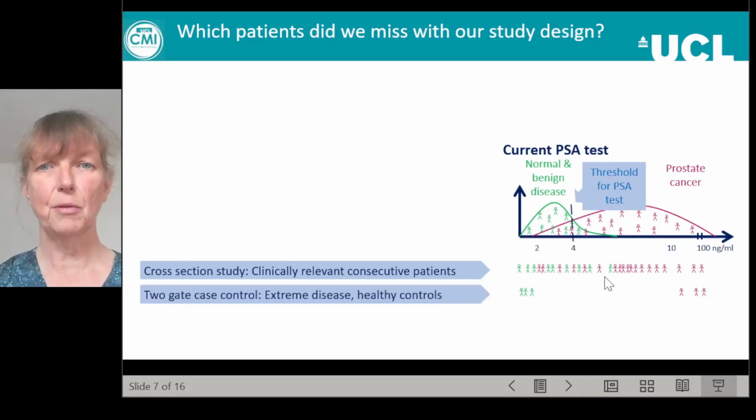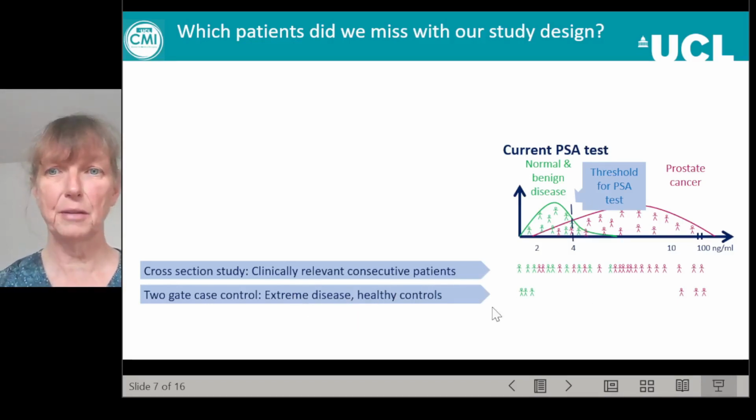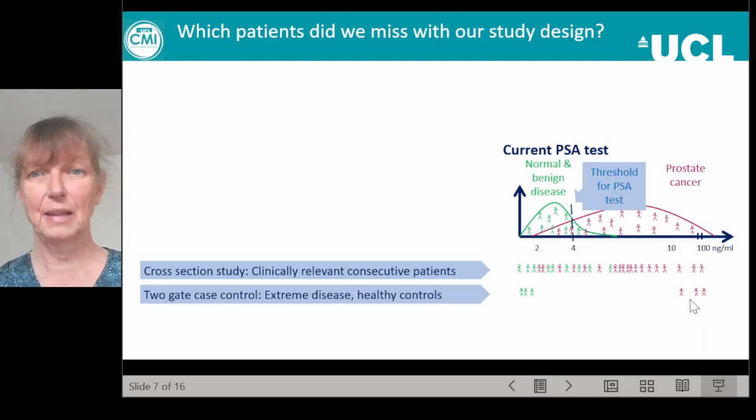But this is what the patients recruited to a study might look like if we were doing a 2-gate case control study, where we were taking people with extreme disease and we were taking healthy controls. So here's our healthy controls. They've got really low PSA values, and here's our extremely severe patients, and they've got really high levels. And so, you know what, this test looks amazing.